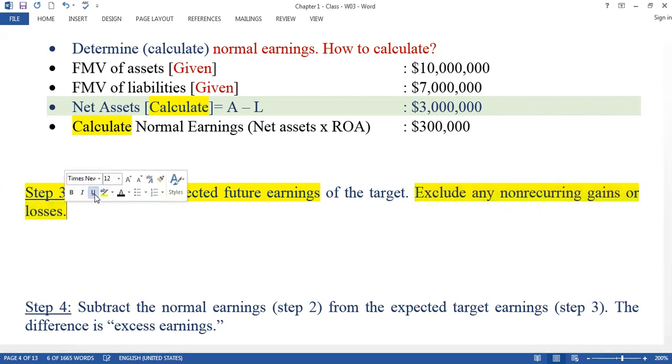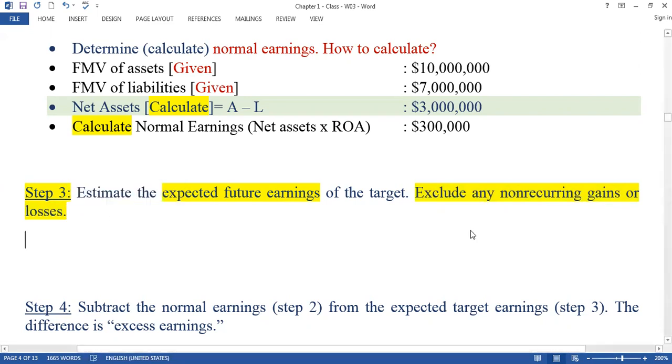Now you have to remember your intermediate accounting course. In intermediate accounting, you must have learned non-recurring gains or non-recurring losses. So what do they actually mean? Can you remember?